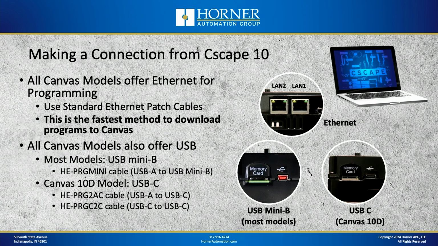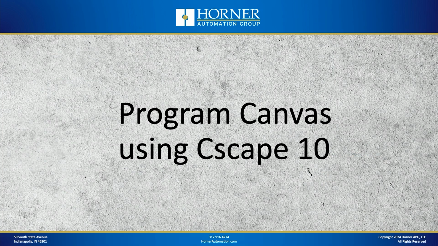And then the Canvas 10D model, because it's the newest, it features USB-C. So in that scenario, of course, you'd use that form of connectivity. And then we also have a couple different programming cables available for connecting to USB-C on a Canvas 10D, and those are shown there on the screen. Now let's go through all the programming details with you.